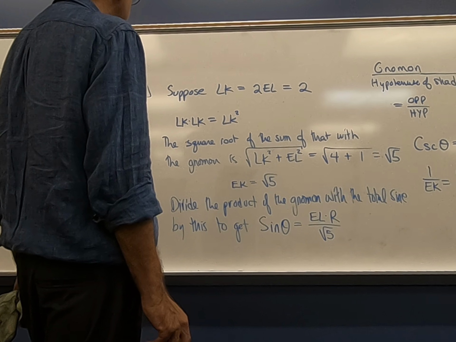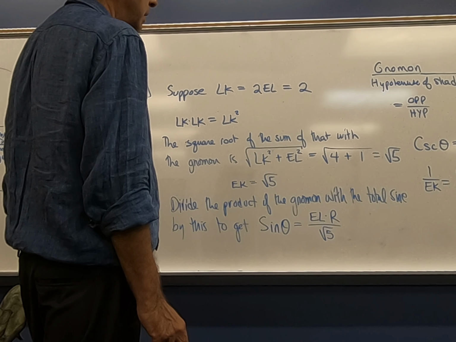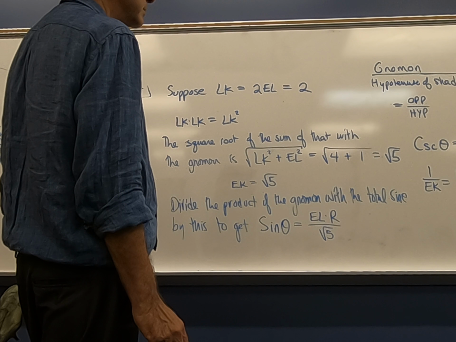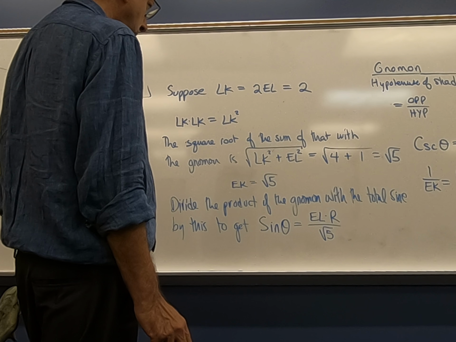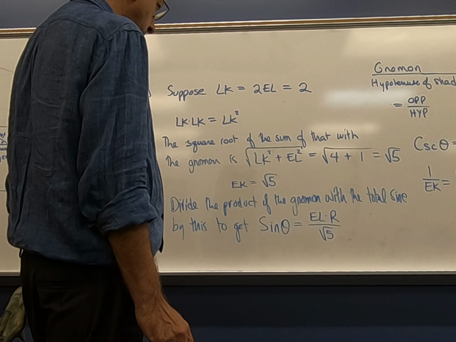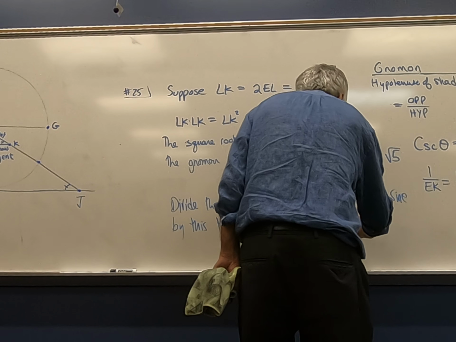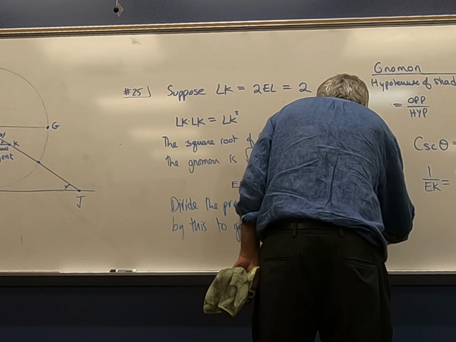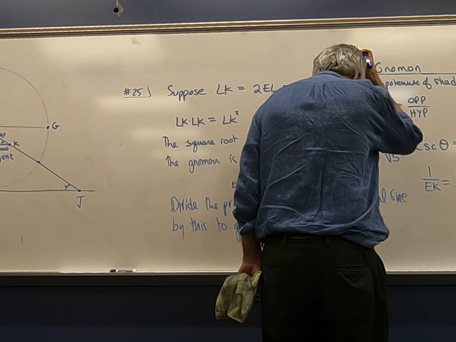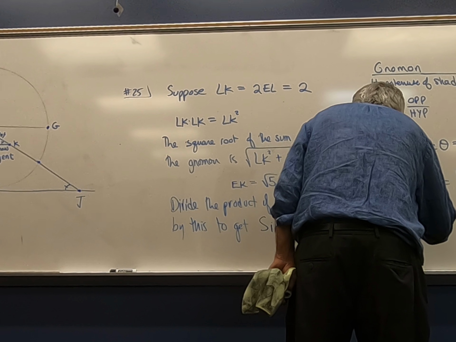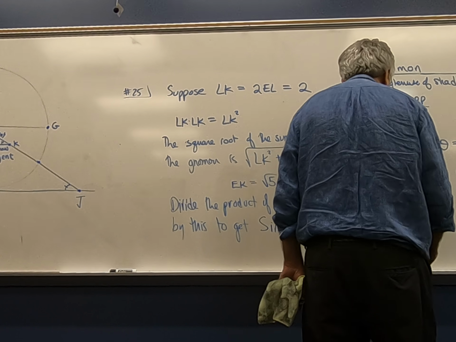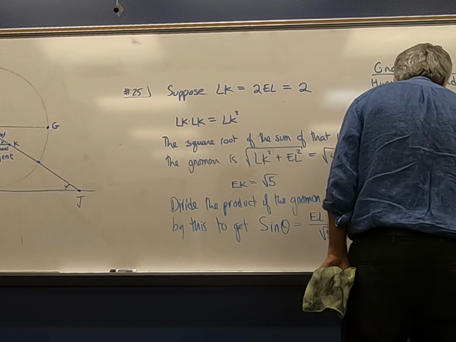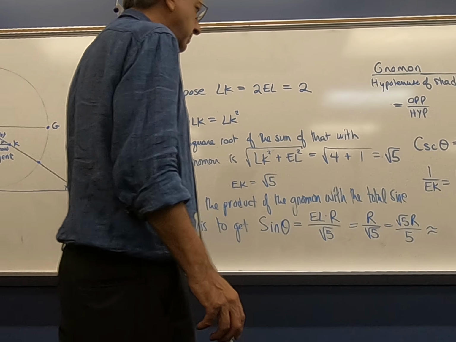So we have sine of theta is equal to, and so if we take EL is equal to 1, right? So this is R over the square root of 5, and so we can think of that as square root of 5R over 5, right? Which is approximately, do we know the square root of 5 to 3 digits, let's say?